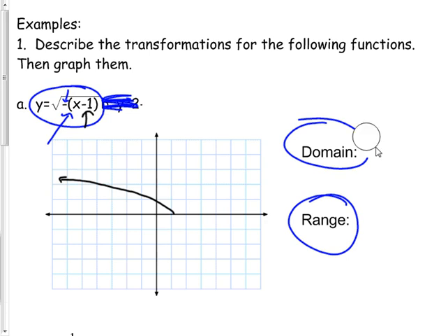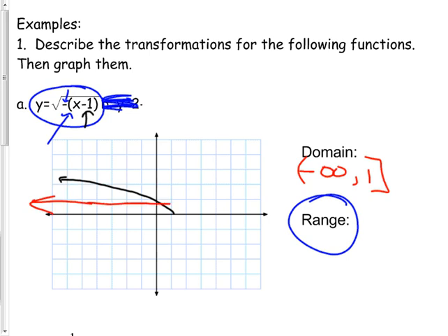Negative infinity to, because it goes from way over there all the way up until here, and then it stops. All right, and the range, finish it. This from 0 all the way up, 0 to infinity, and what do you think on the bracket versus the parenthesis?